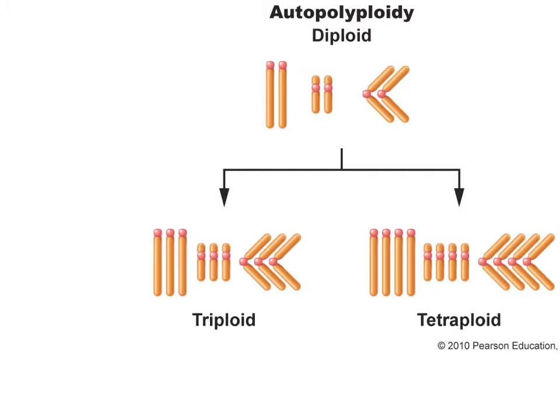They look the same. They've got the same genes, the same order, everything's the same. They just have 4 instead of 2. A triploid has 3 instead of 2. Same thing. Auto simply means they have multiple sets, more than 2 sets of the same set of chromosomes. Okay? So it's as if you might have, instead of 2 times 23 is 46, you might have 3 times 23 is 69.